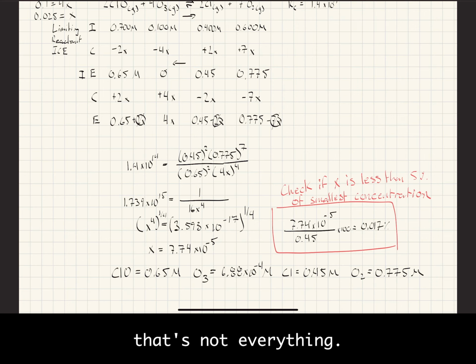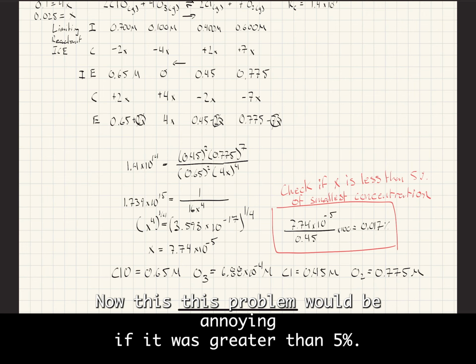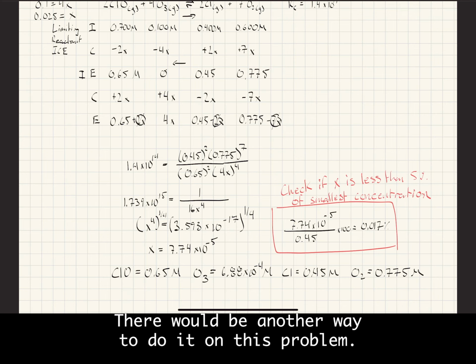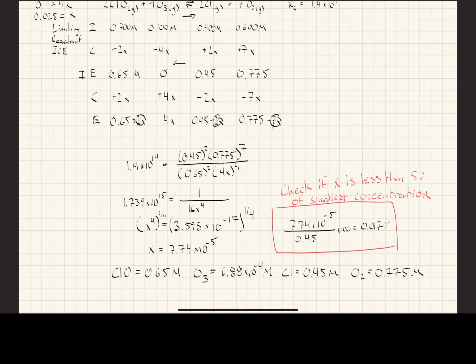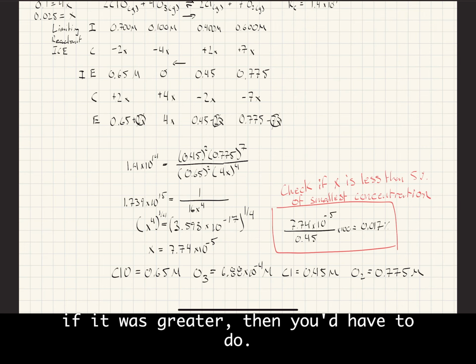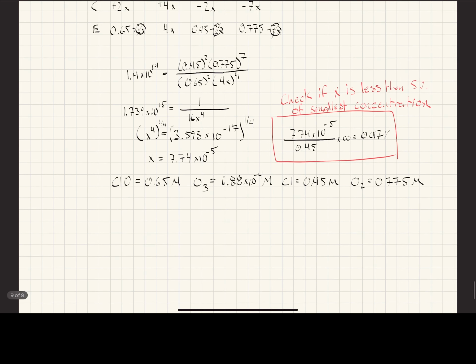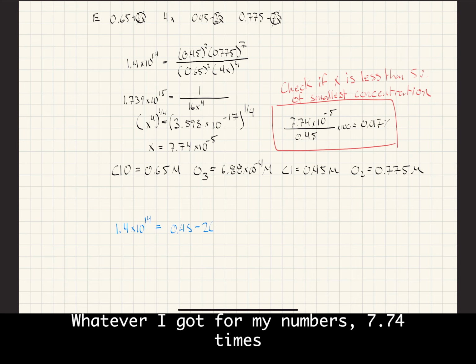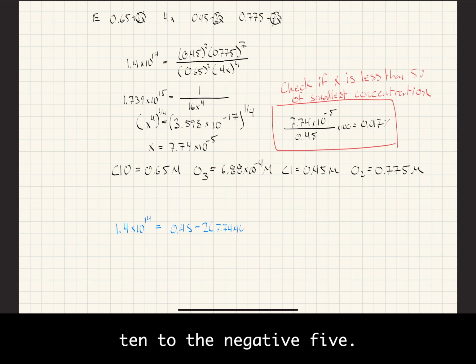Not everything. Now, this problem would be annoying if it was greater than 5%. There wouldn't be another way to do it on this problem. So if it was greater, then you'd take 1.4 times 10 to the 14 equals 0.45 minus 2 times whatever I got for my number, 7.74 times 10 to the negative 5.